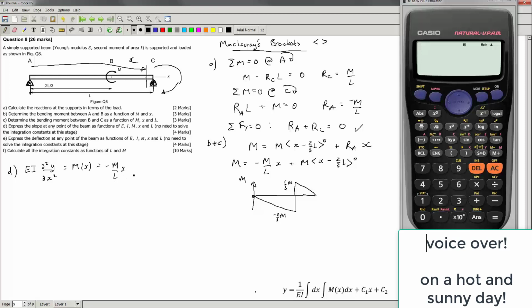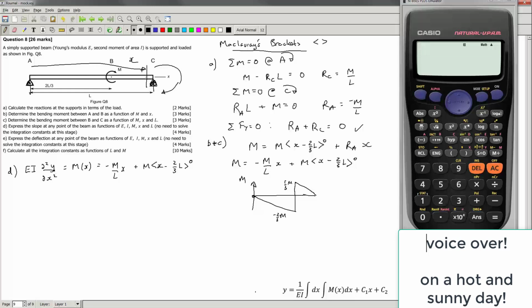So I've got minus M over L times x, plus M Macaulay's left bracket x take away 2/3 L, close bracket, raised to the power 0. That's so weird.